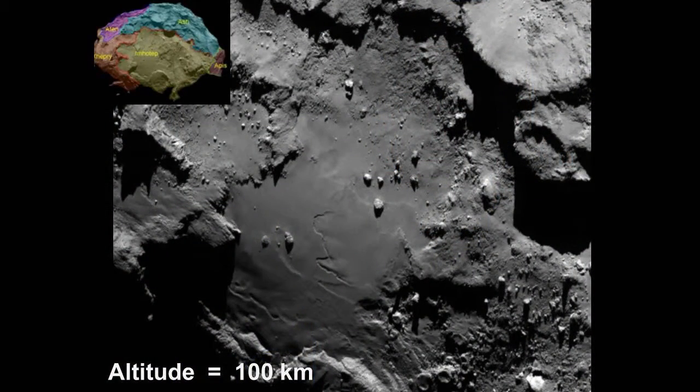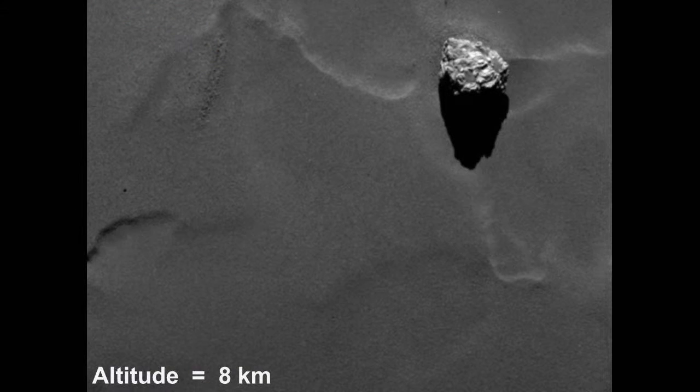detailed images of the so-called Imhotep region, which is at the bottom of the big lobe of the comet. It shows a big, let's say, flat field with some big boulders. Some detailed images were taken of these big boulders there.